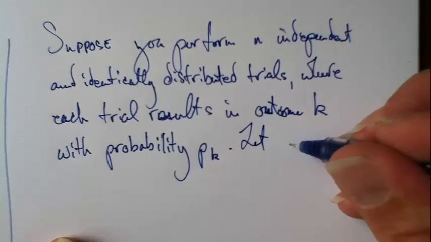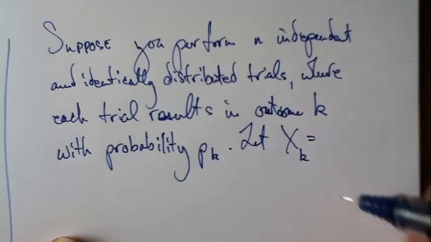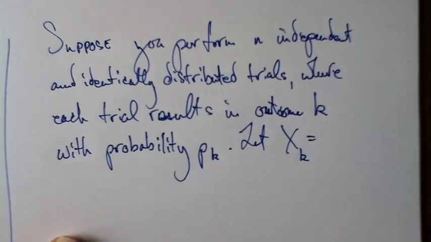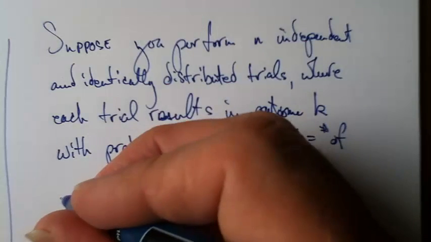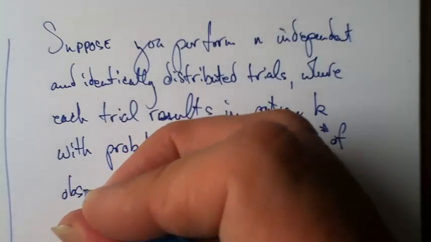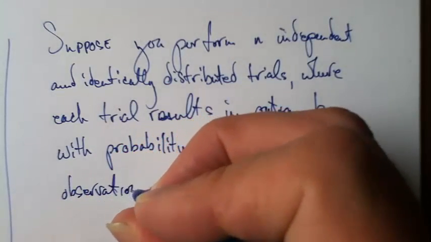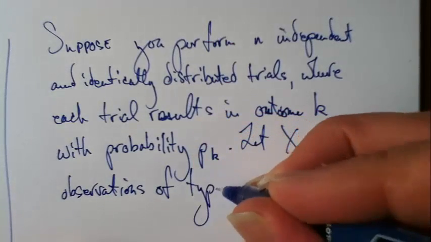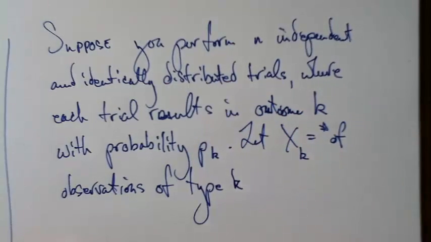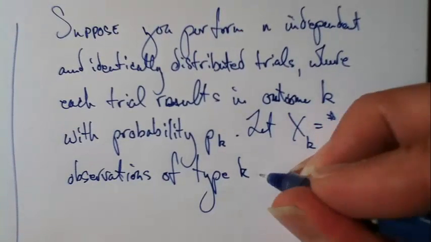Now, let's let X sub k denote the number of observations of type k that you observe when you do these n trials. Suppose there are k types.